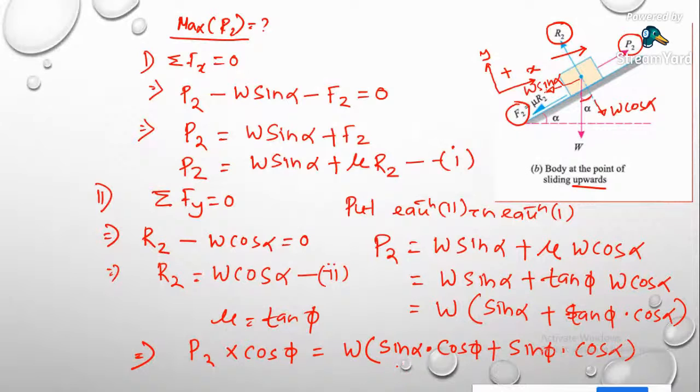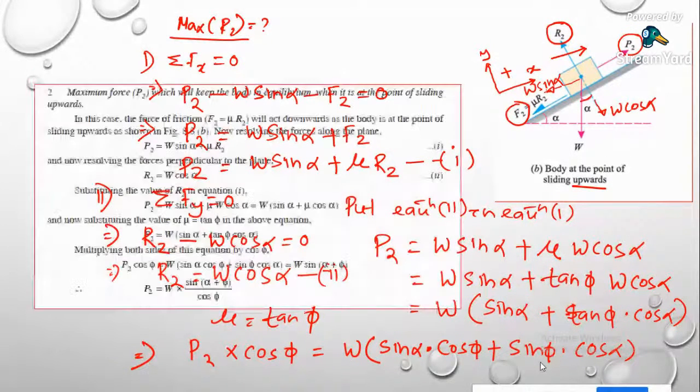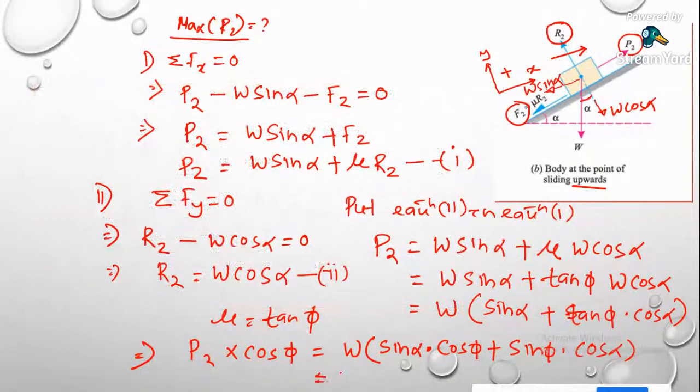So this is the formula: sin A into cos B plus cos A into sin B. So what is the formula? The formula is sin (A plus B). So this will be W into sin (alpha plus phi).